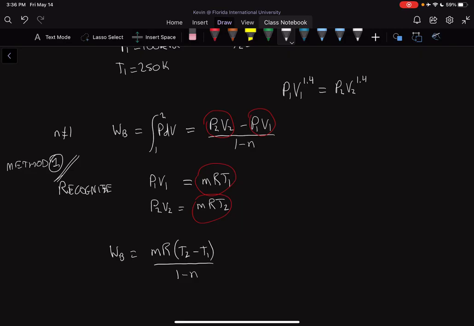We are given temperature 1 and temperature 2, and we're given mass. We have n. The only thing left to find is R. How do we find R? We find R from Appendix A1.